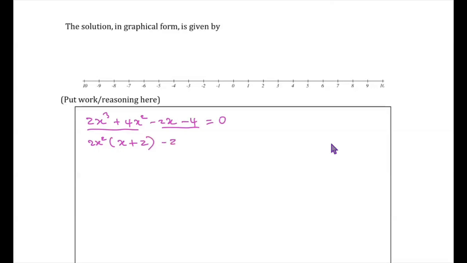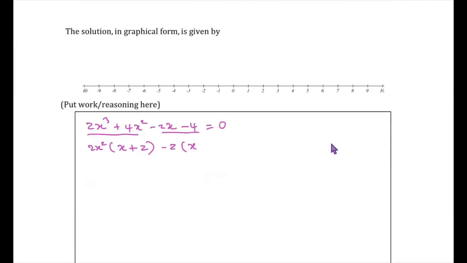Minus 2, x plus 2, so we get x plus 2 equals 0.